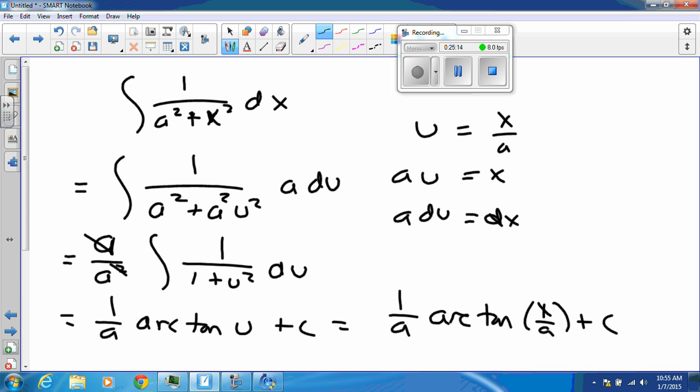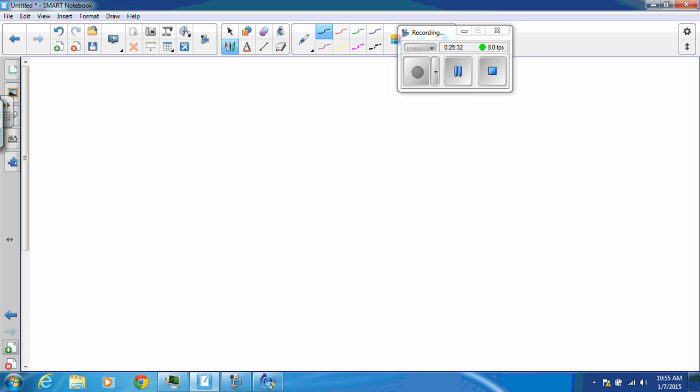Just like that. So the factor of 1 over a is sitting there on the outside because we had two factors of a in the denominator and only one in the numerator, unlike the arc sine. There's no square root.